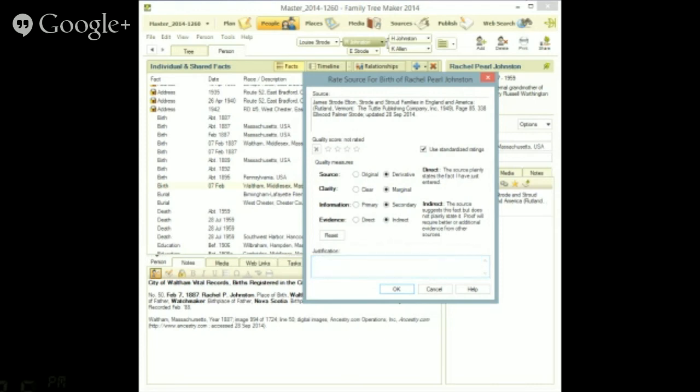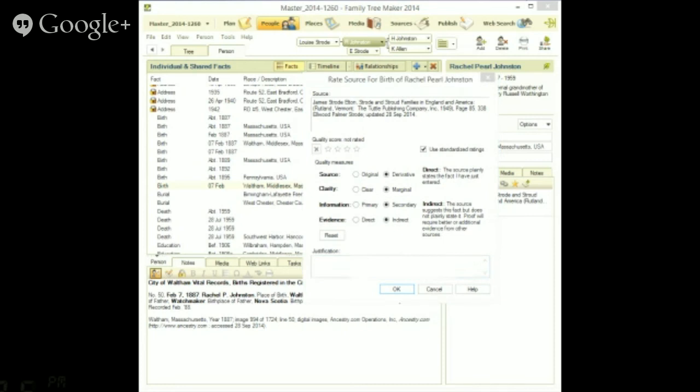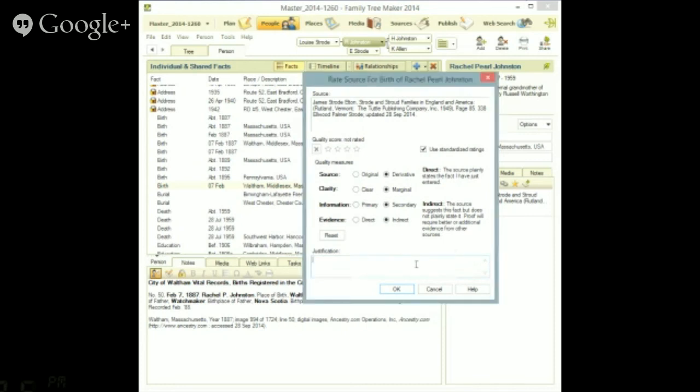Here's what I typed into this justification box. I just said the book is typed text. However, there are notes on the page. Author of the note is unknown.